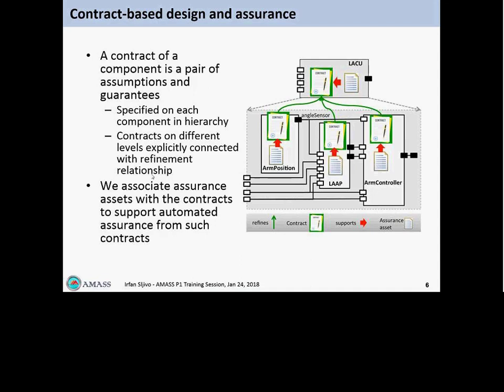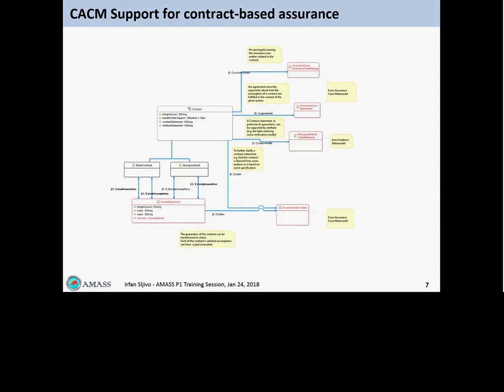Those are all assurance assets that are relevant from a safety case perspective and that are relevant for reuse. So we associate all those. What we did in work package 3, we extended the CACM to support these things such that the contract can be associated with different assurance information such as claims, evidence, and so on. So we added that support, and we will see in the example how that can be done.